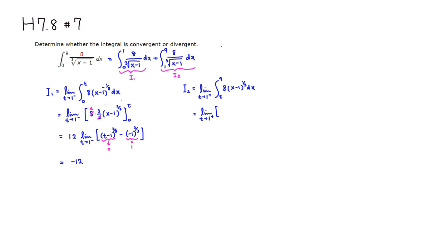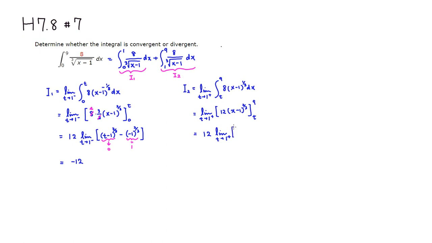So this was just 12 times x minus 1 to the 2/3, going from t to 9. The 12 is pulled out, and t is going to 1 from the right. Plug in 9: 9 minus 1 is 8, the cube root is 2, and squared would be 4.